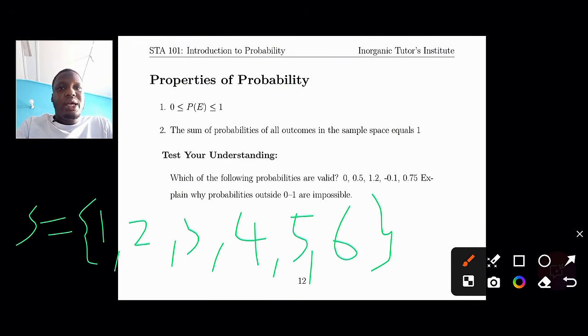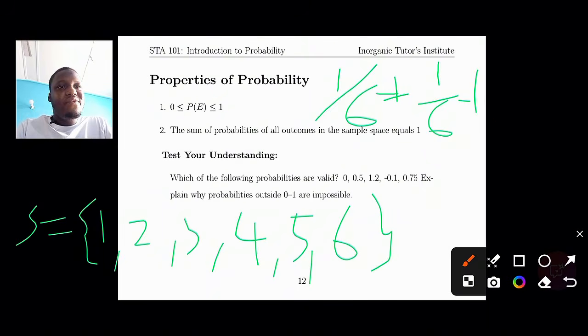Good. Now, what is the chance of getting 1, or the event of 1? Because 1 appears only once, the chance is 1/6. The chance of getting 2, because 2 appears only once, we have 1/6 for 2. So all of them appear once.